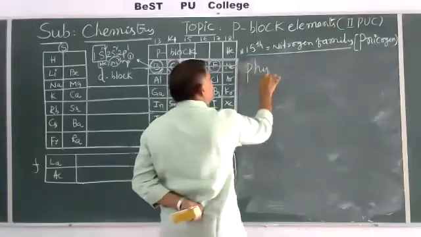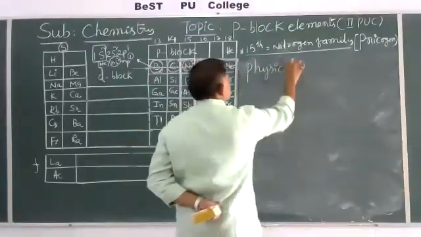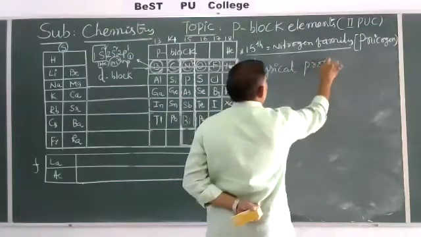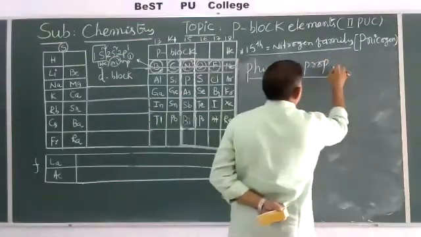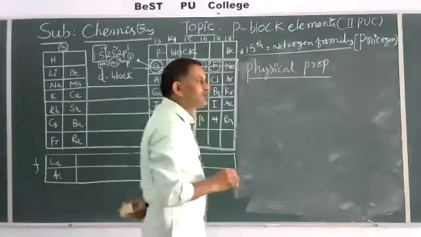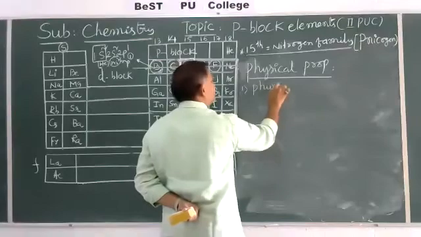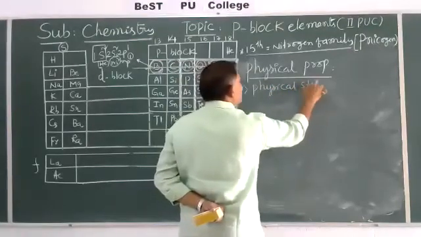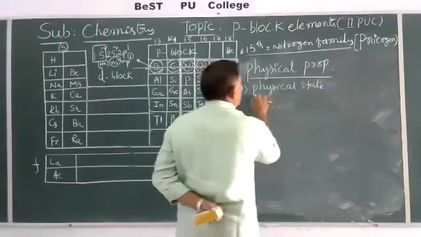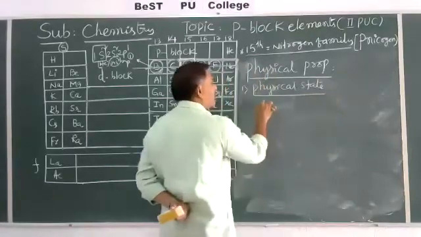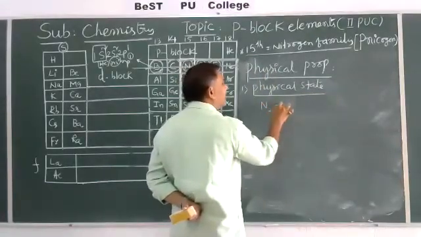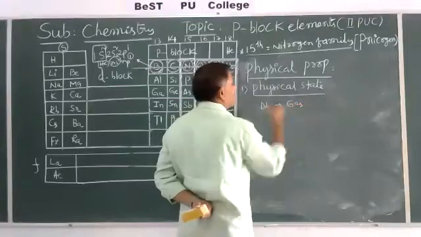Now, some important properties: the physical properties of 15th group elements. First one is physical state. At room temperature, nitrogen N2 is a gas.